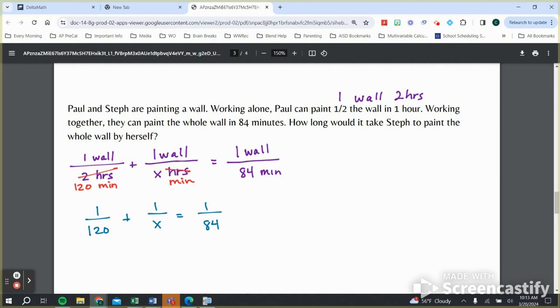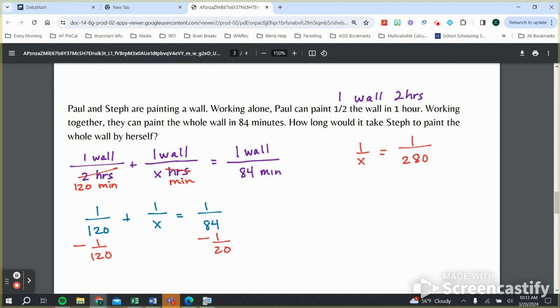So I'm going to subtract the 1 over 120. This leaves me with 1 over x equals 1 over 280. We can cross multiply here if you want to. Also, we can see that these ones are the same, which means my x is just 280. It just depends on how you want to solve that.